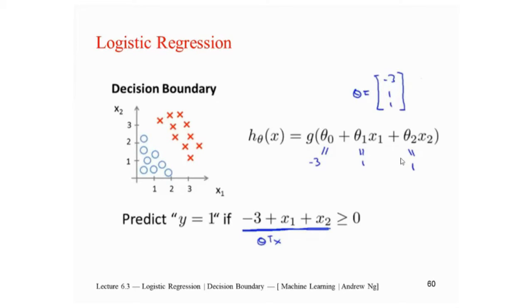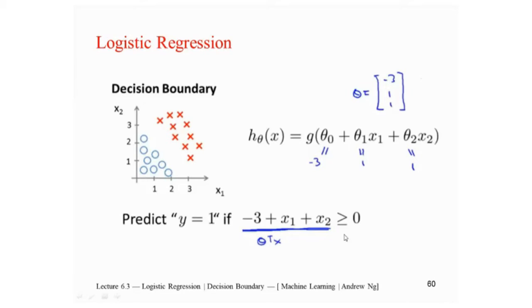I told, first of all you have to define the cost function, then you will optimize the cost function. Then if you apply the gradient descent method for theta 0, theta 1, theta 2 simultaneously, you will get the optimal value for these parameters. So finally you assume this one, and we will get -3 plus x1 plus x2.